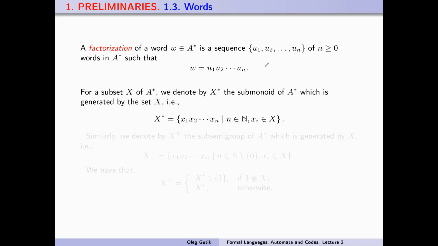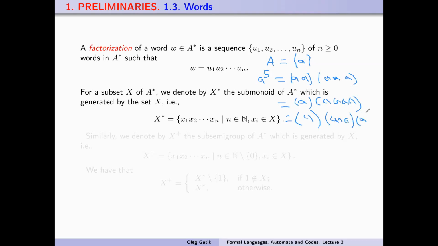If we have an alphabet which consists of one letter a, then a to the power 5 we can write as the word a times a, or as other combinations, and there are many other types of factorizations.